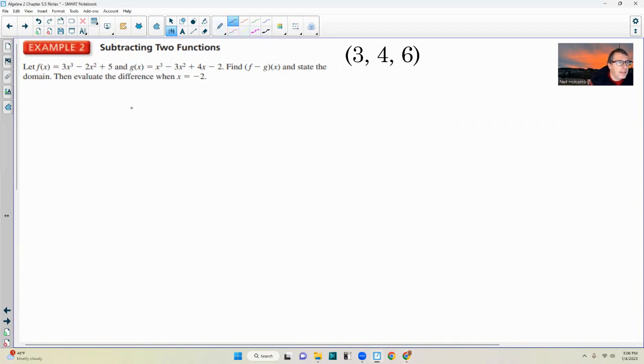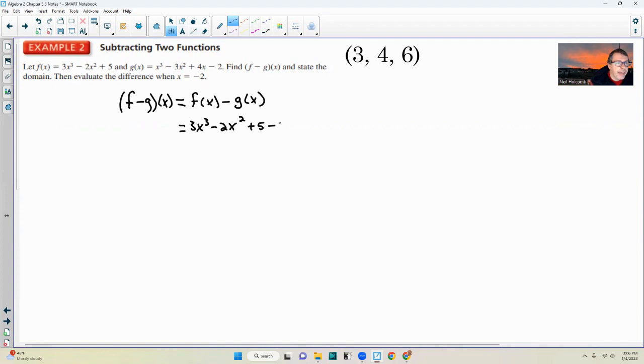I'll just use black, I guess. So I want to find f minus g, and this is how you show your work. F minus g of x equals f of x minus g of x. So that's going to equal f of x, which is 3x cubed minus 2x squared plus 5.